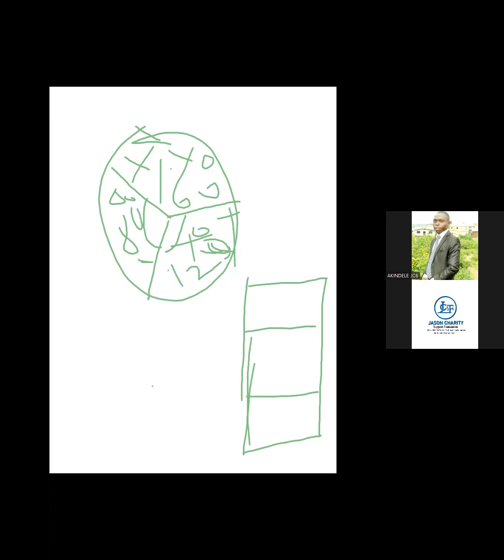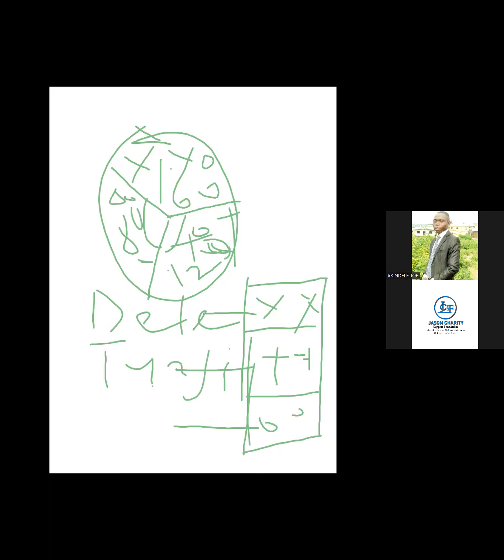Now, when you want to draw your key, let's say this one represents daily score in economics. Let's say this one represents 2G scores in economics. Let's say this one represents WASSCE score in economics. So this is what the key is all about.